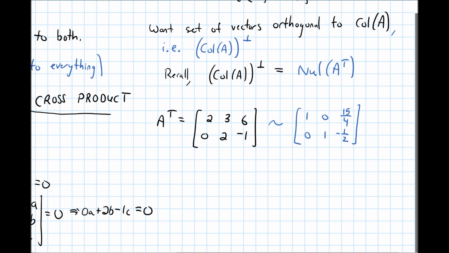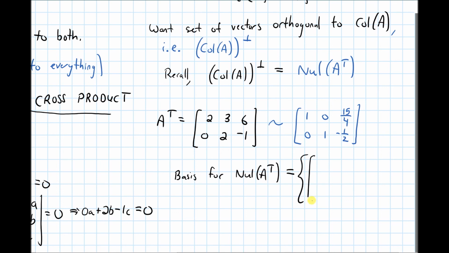So what I want to know is what a basis for the null space of A transpose is going to be. Just like before, in method 1, it turns out a basis for this null space is going to be -15, 2, and 4.